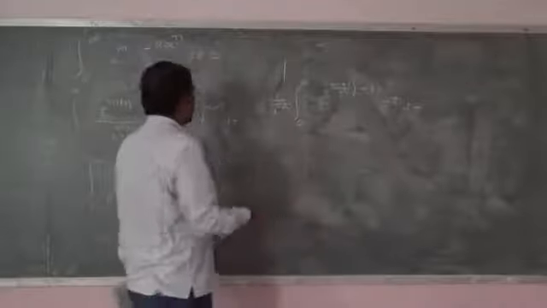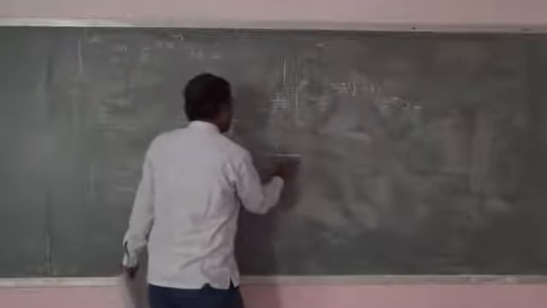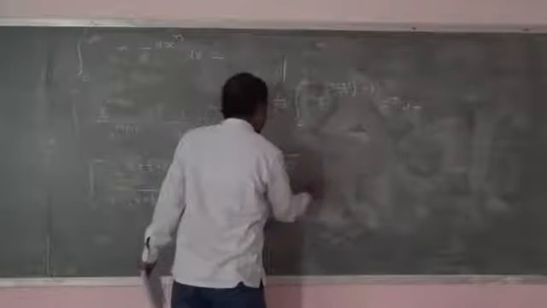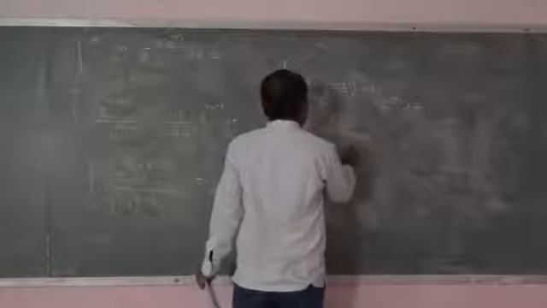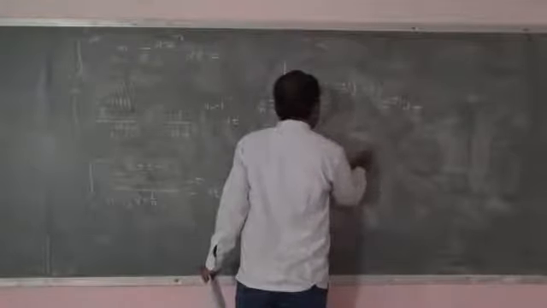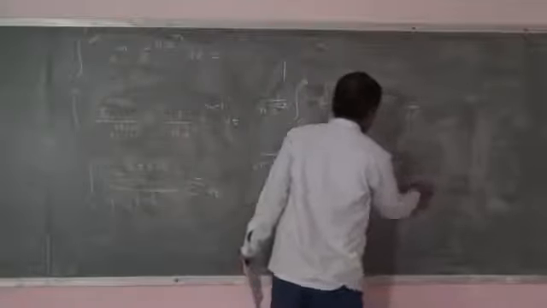This also can be written as 1 by n a to the power m plus 1 by n, integral 0 to infinity, x to the power m plus 1 by n minus 1, e to the power minus x dx.